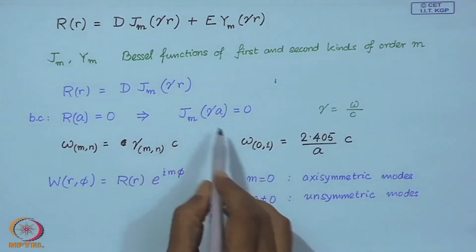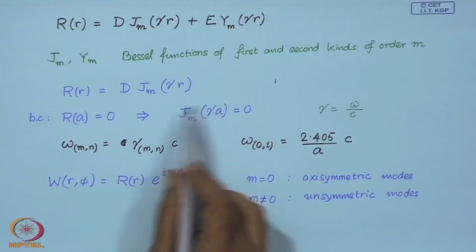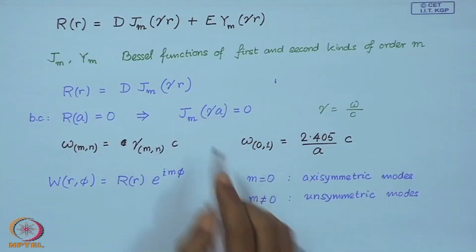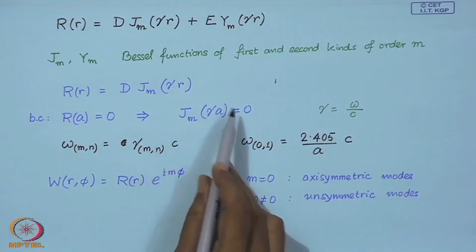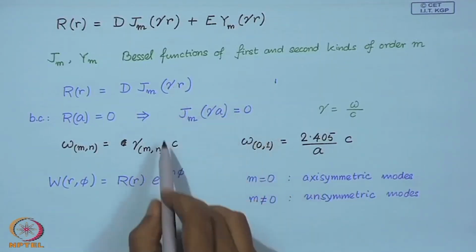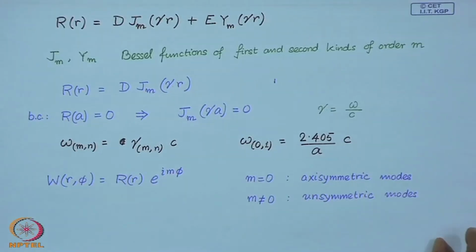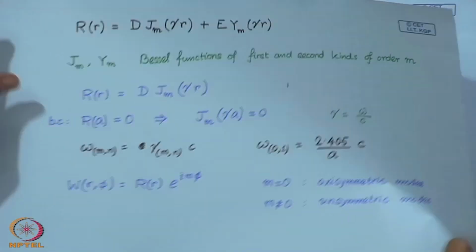So this is essentially finding roots of the Bessel functions of the first kind. Now, finding these roots is actually a little cumbersome, though in various software or numerical analysis programs these are coded and available, but let us look at an interesting approximation of the Bessel function.